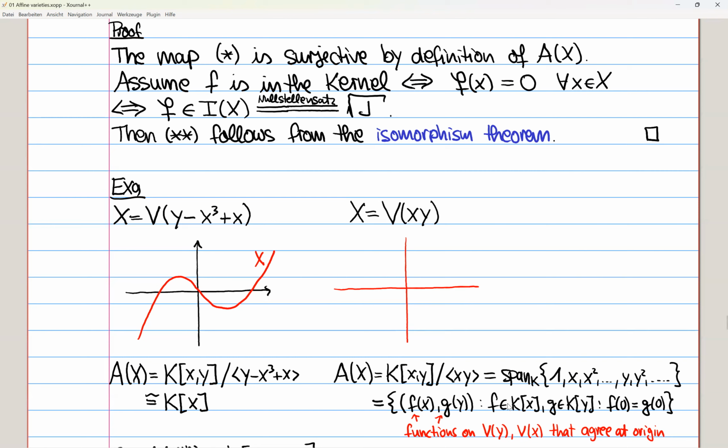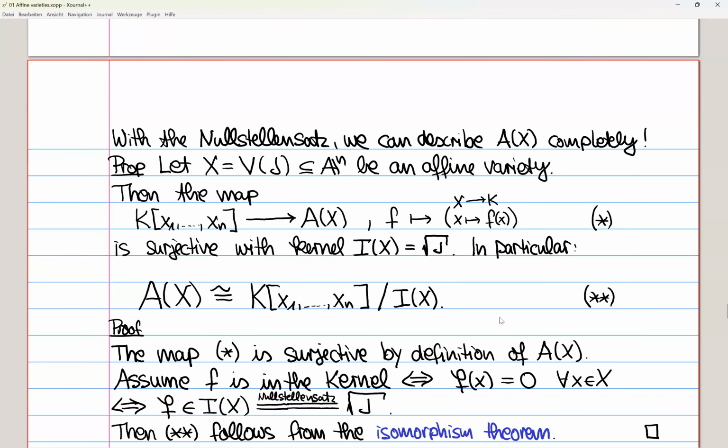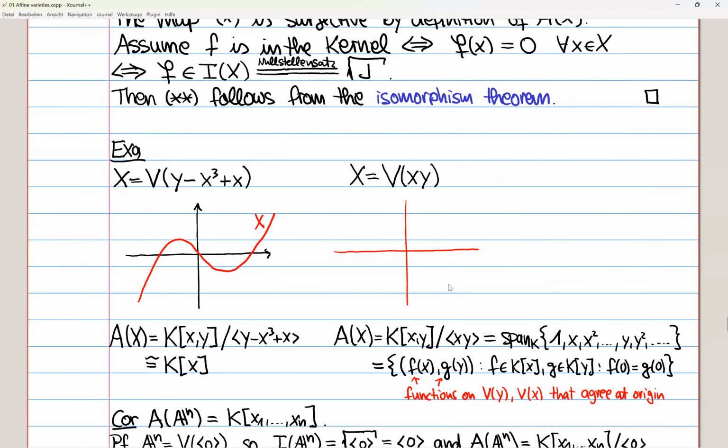Now, I should warn you, this is not always the case. This uses something nice about this union of varieties, but at least in this case, it nicely illustrates that this proposition really computes this coordinate ring very nicely.